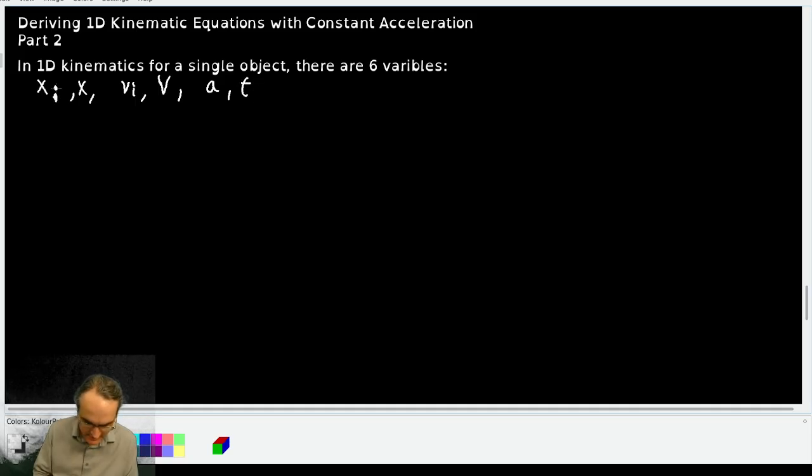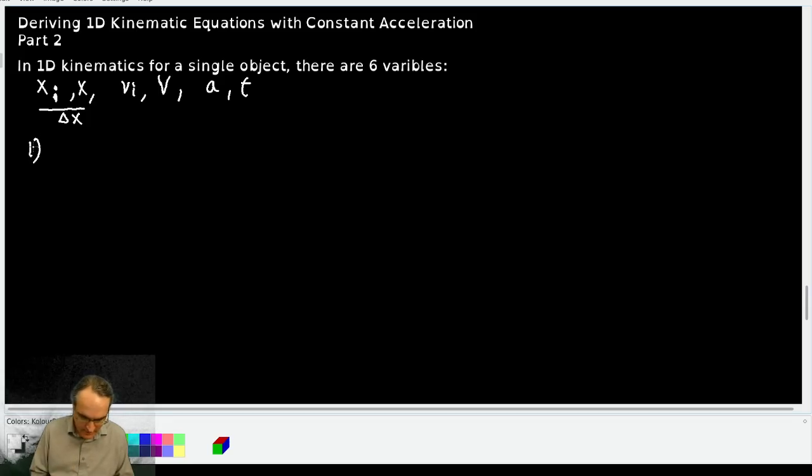Usually the two positions are pooled together as the displacement delta x. So I say 6, the truth is it's more like 5. Usually you will be able to set your origin point xi wherever you want, because we only care about how far you've traveled. So think about it that way. We've got delta x, vi, vf, a, and t.